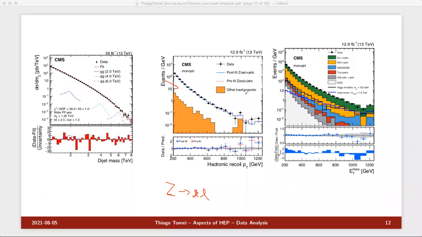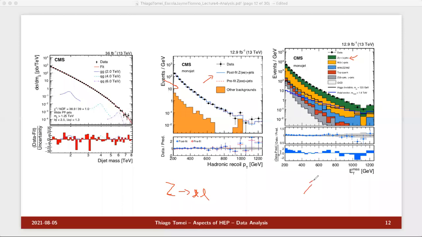But then you do a fit, and the fit is a global fit, so this is just one of the regions that enter. And then the histogram goes to the blue. And then you use this correction factor to correct the Z to neutrinos plus jets, so the green histogram that appears in your signal region.